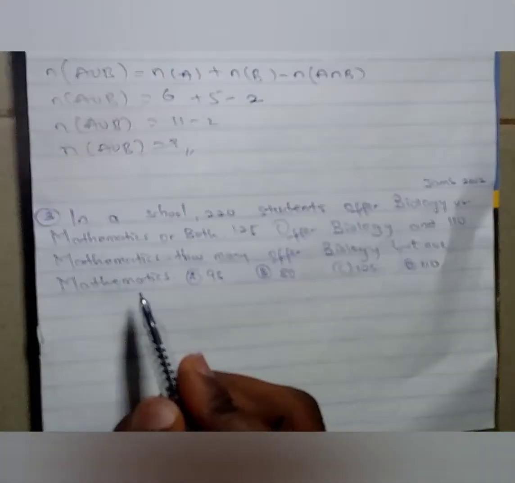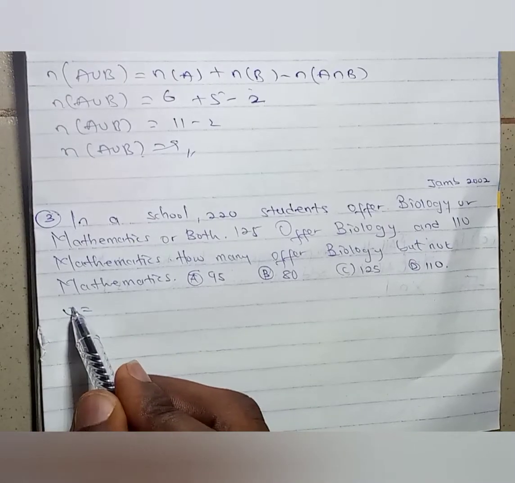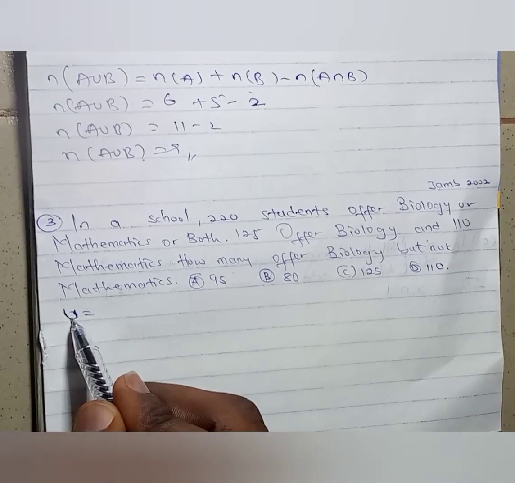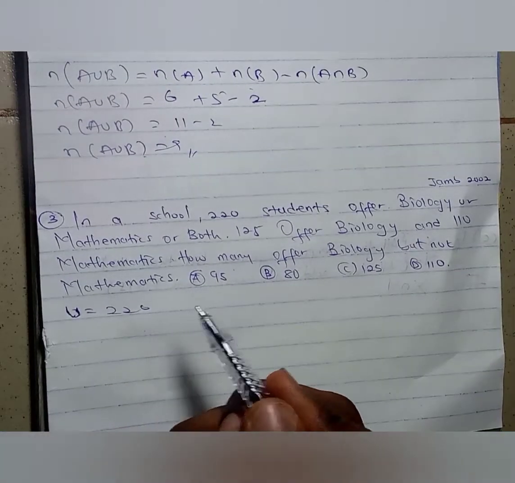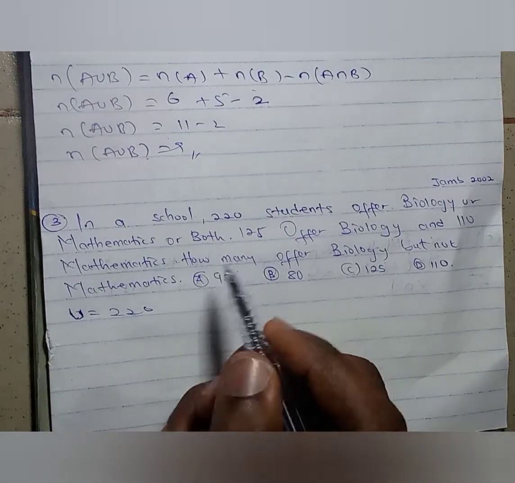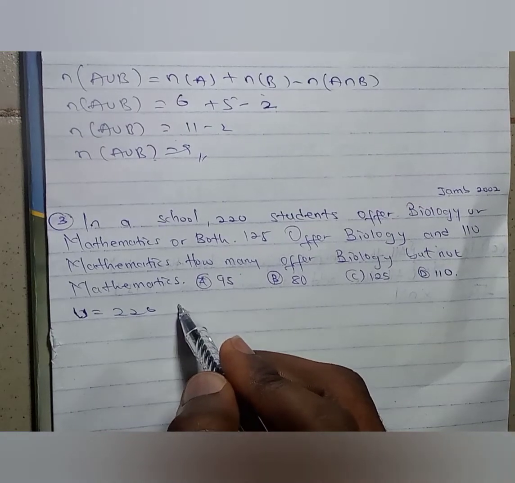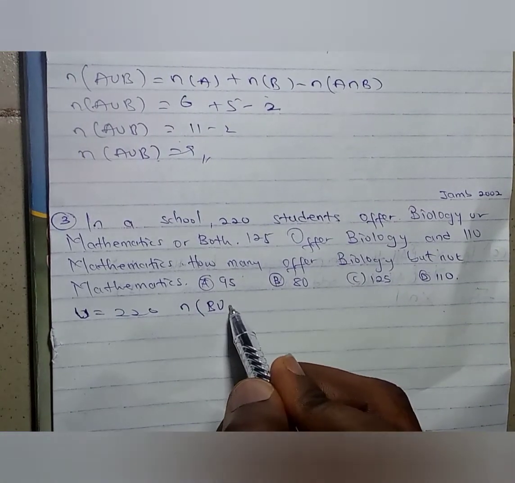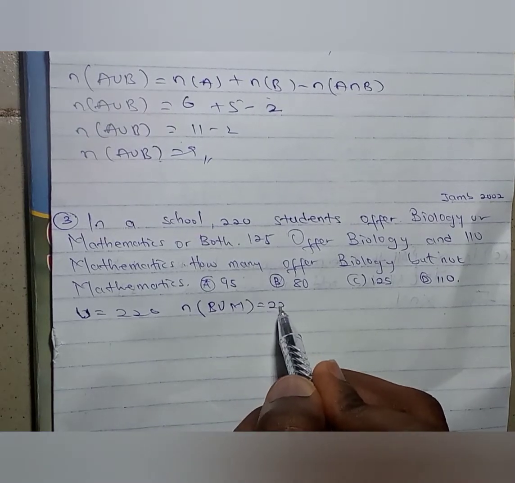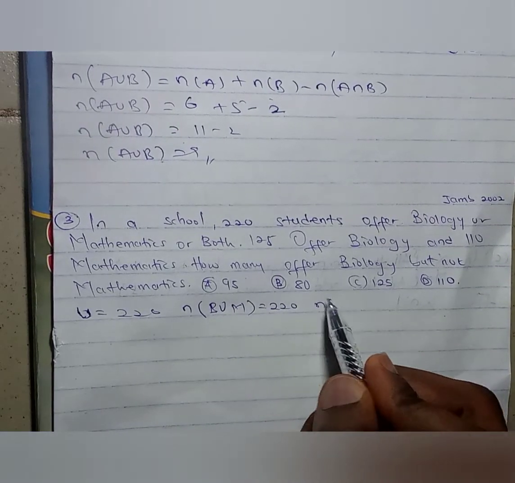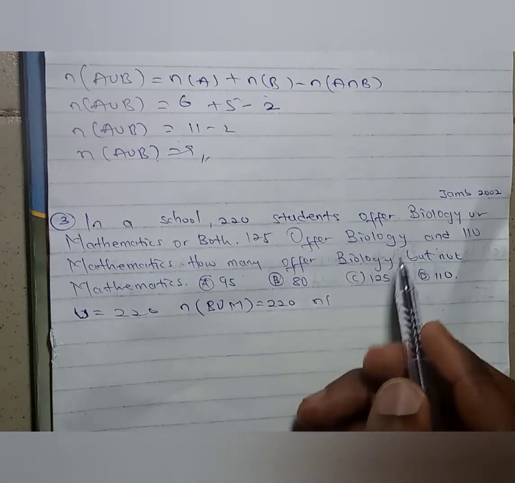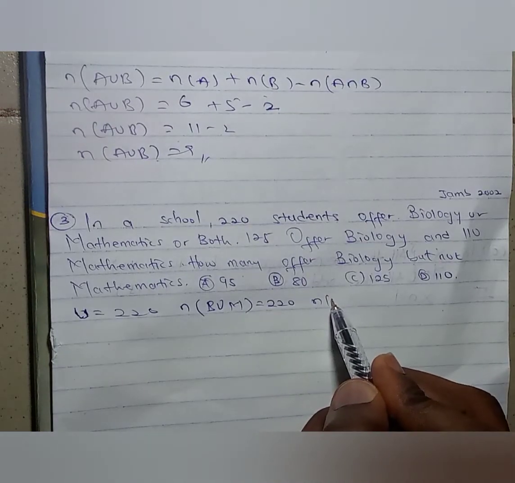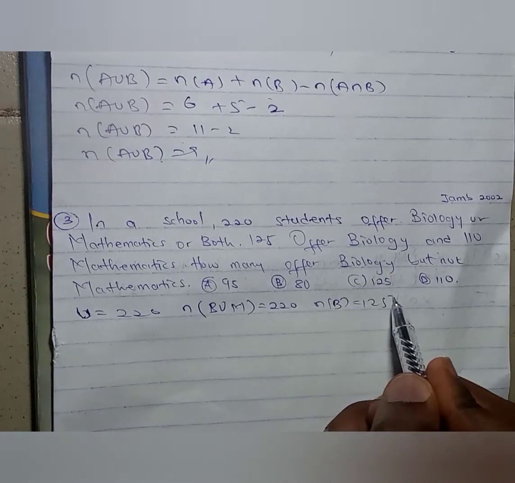So here the universal set is U, capital letter U. 220 can be denoted by n of U. Number of biology union mathematics is 220. Number of biology is 125.